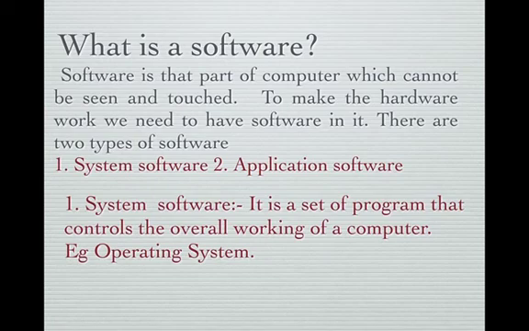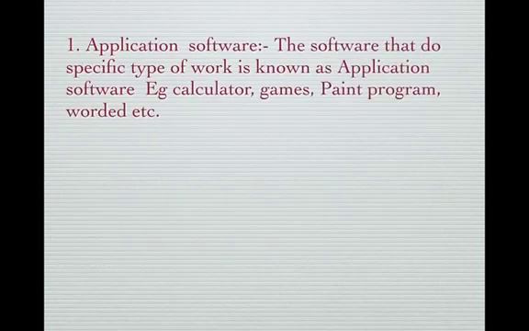Now let us see application software. The software that does a specific type of work is known as application software. There are examples like a calculator. In a calculator you can only do calculations. Can you draw a picture in a calculator? No. It means a specific type of work. It does particular work only. Then games.